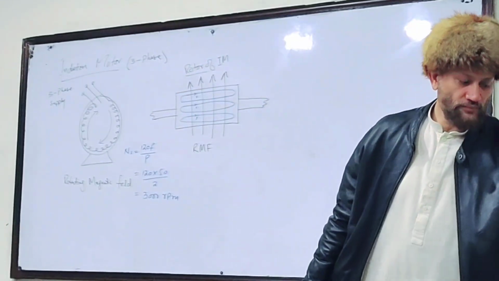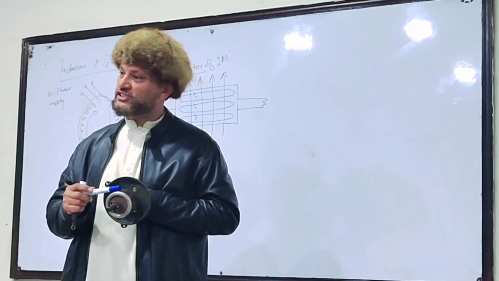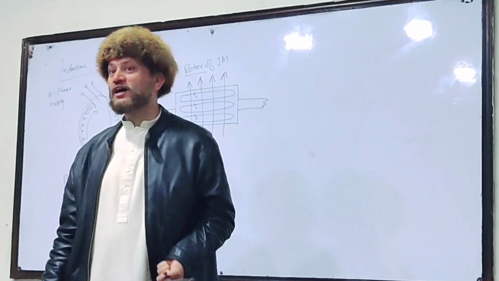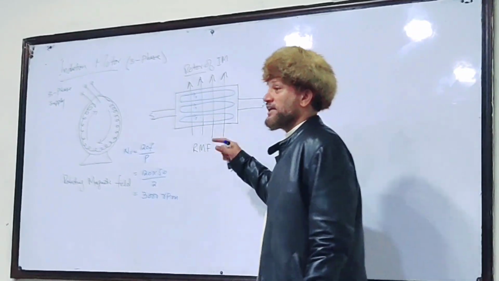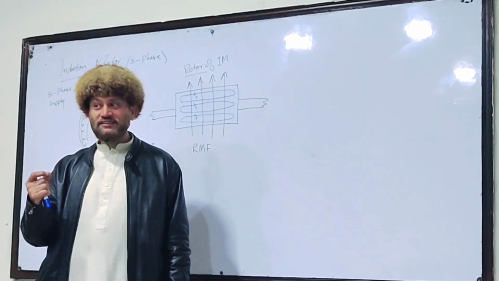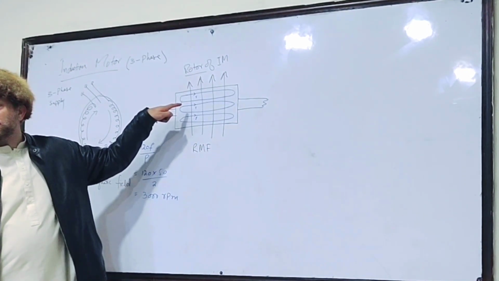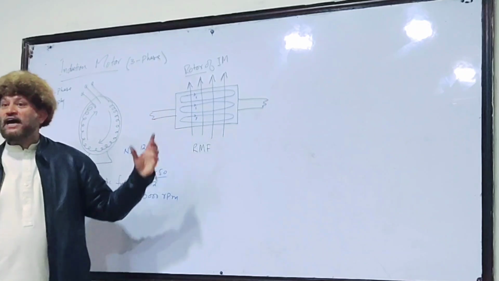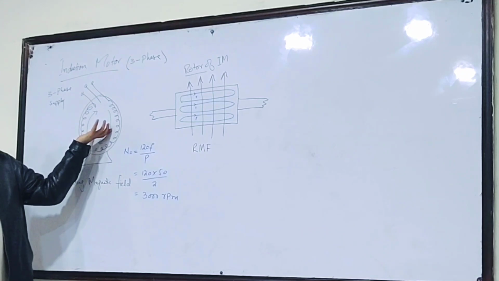Now, whenever flux cuts these bars, EMF is induced in them and current flows in them. Another condition is fulfilled here. These bars are current carrying conductors. Are they current carrying conductors? Yes. Current flows through these conductors, and they lie in the magnetic field.